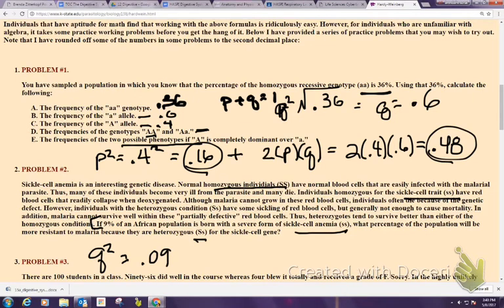So in order to calculate Q, you've got to take the square root of 0.09. Somebody in here who's got a calculator, do that for me. 0.03, right? Or just 3?